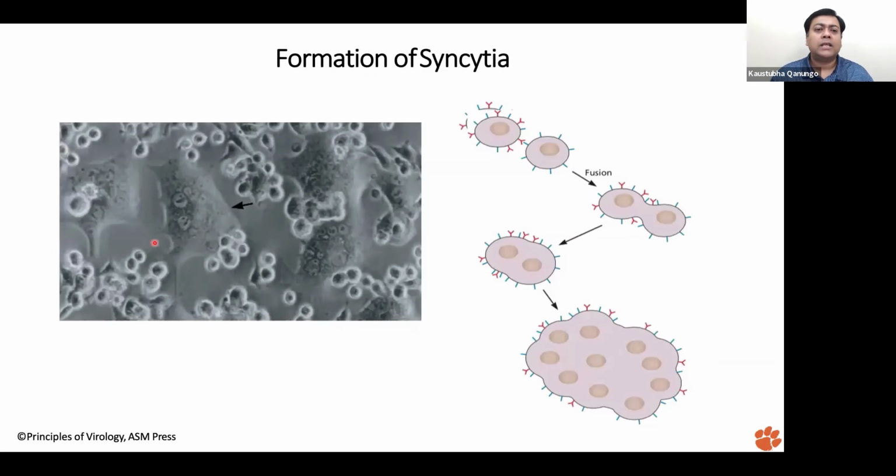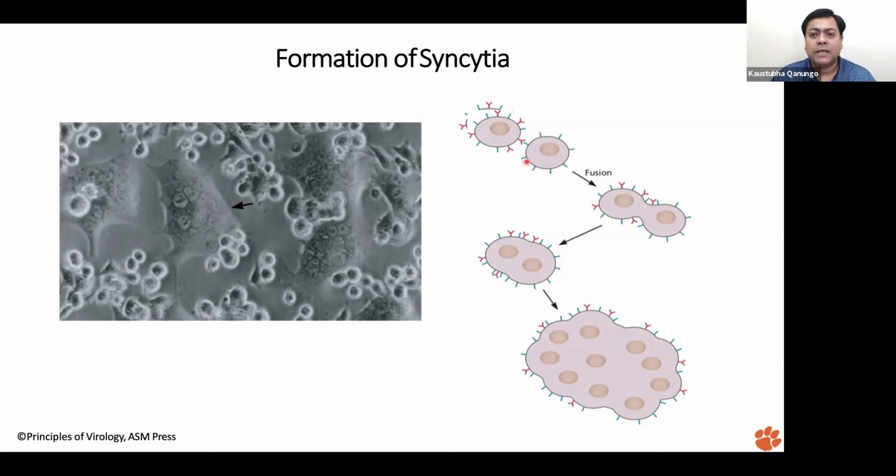Here is another idea of how cytopathic effects look. If you look carefully at this cell right here, you can see a nucleus here and a nucleus here, and it's a giant cell. A syncytium is a fusion of multiple cells.